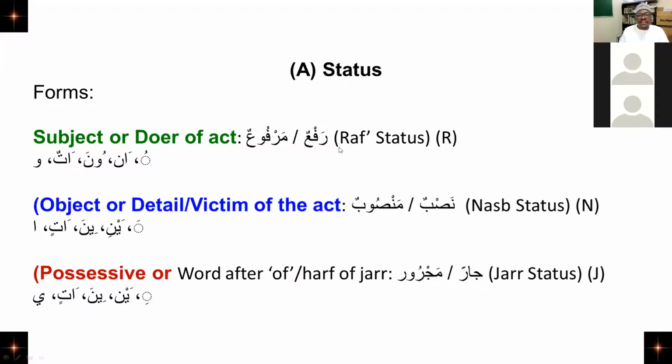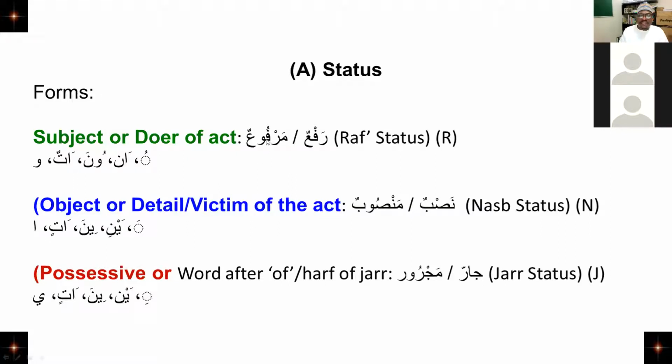If a word is in rafa status, it's identified as marfu'un. So this is how we term it. If a word happens to be in the status of rafa, we call it a word in rafa status.